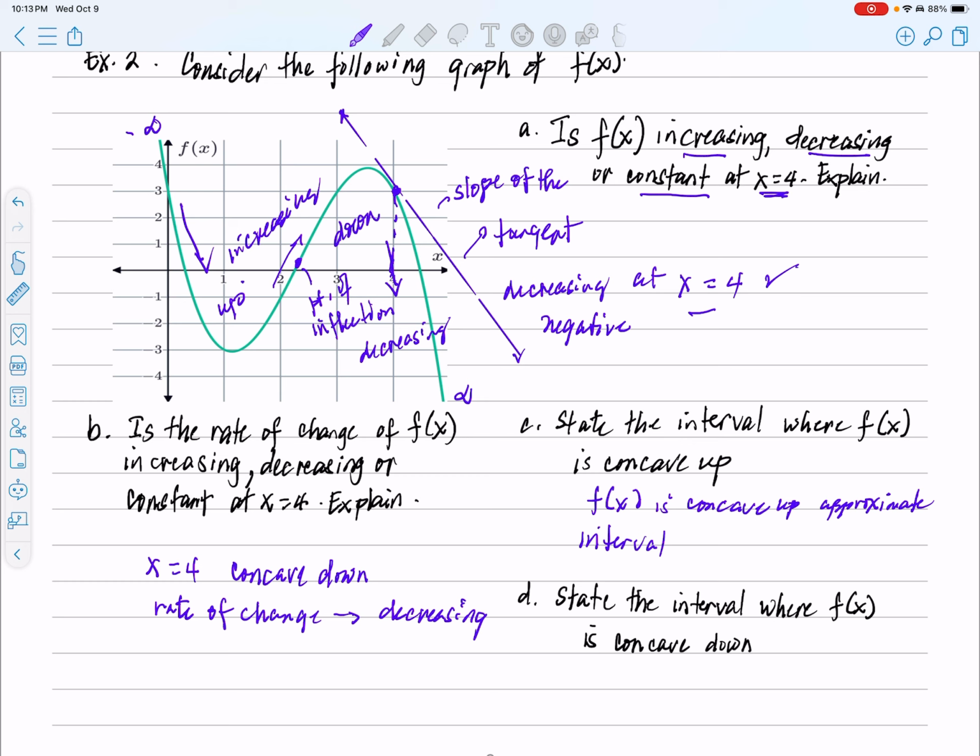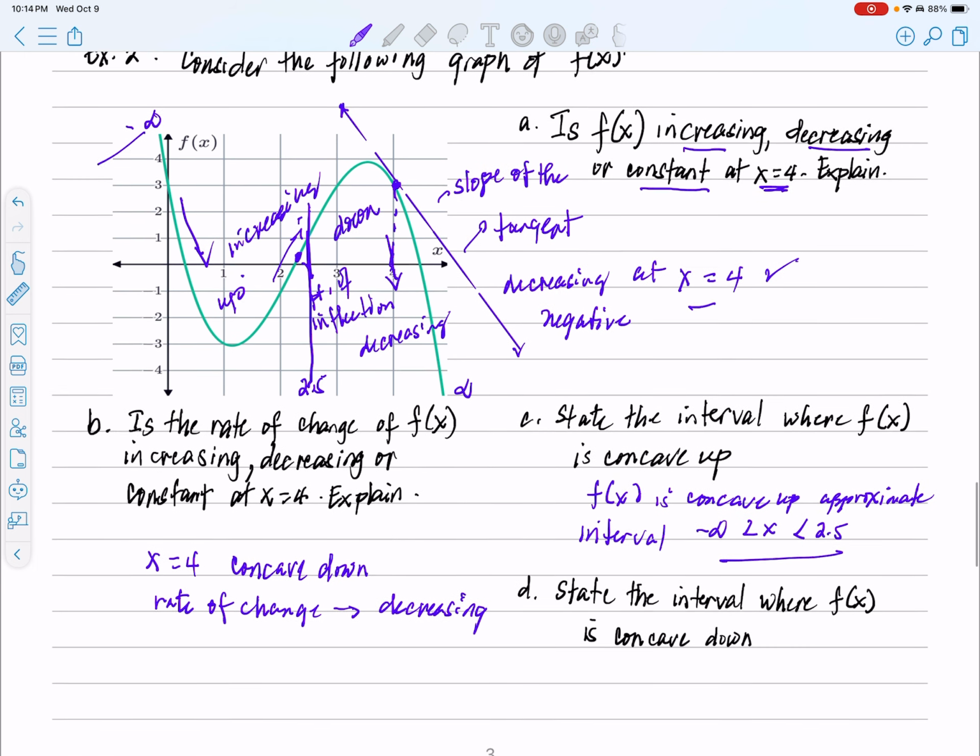So let's say somewhere here in the middle, 2.5. And the other end is negative infinity. So between negative infinity and 2.5, somewhere in this interval here, that is concave up.